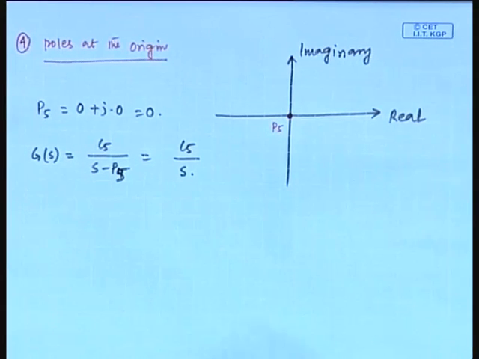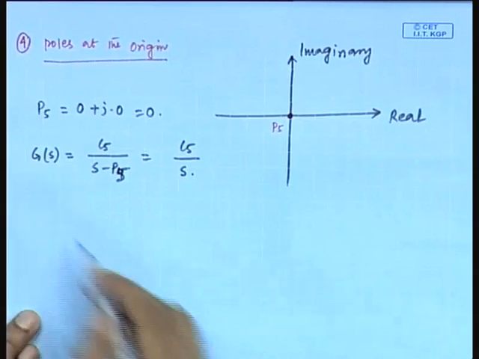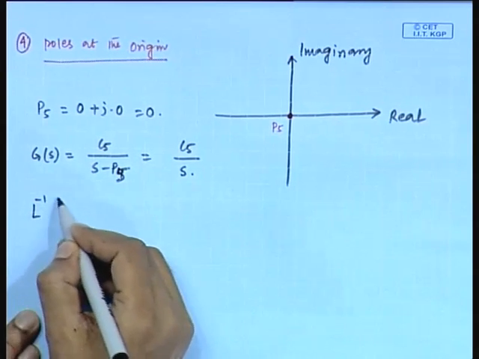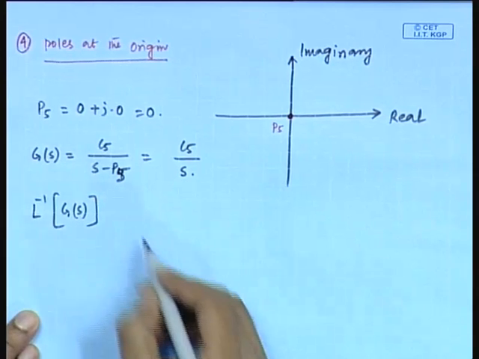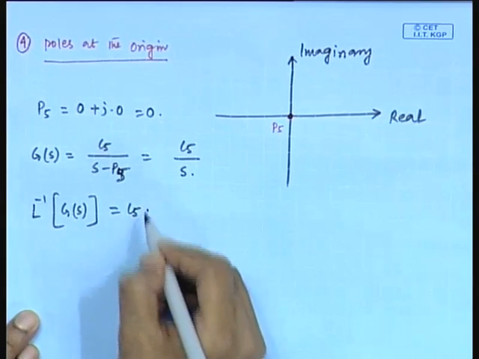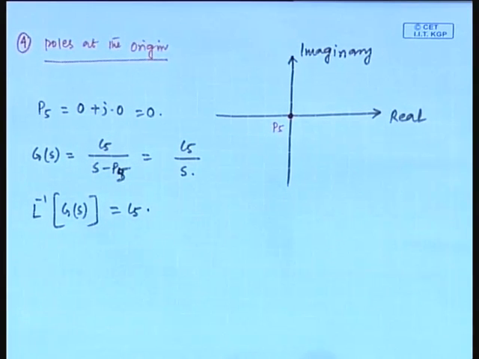Fine. Now, we will take the inverse of this Laplace transform, then we get C5, one constant term. Fine.